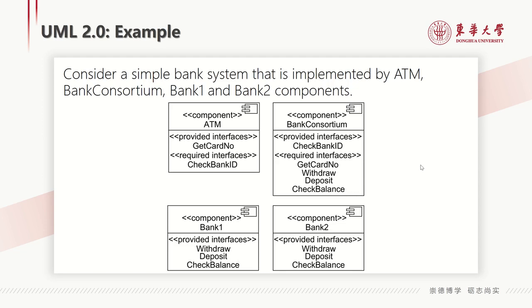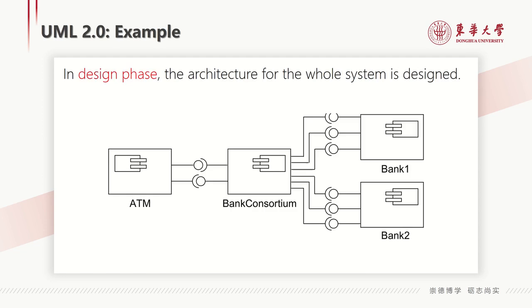So now we have the components. Let's see the system here. This is the system. ATM and the bank consortium are linked by interfaces, and the bank consortium links with Bank 1 and Bank 2 with interfaces too.